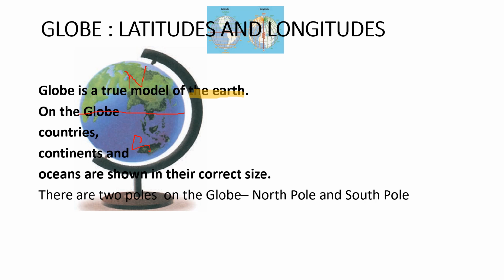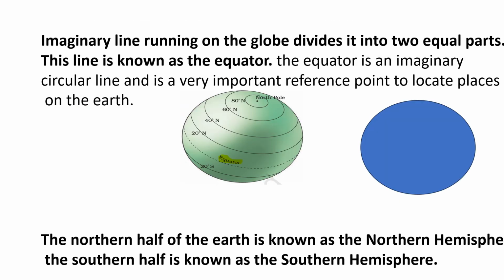So next we'll move to what is equator. Equator is an imaginary line running on the globe which divides it into two equal parts. It is an imaginary circular line and a very important reference point to locate places on the earth.